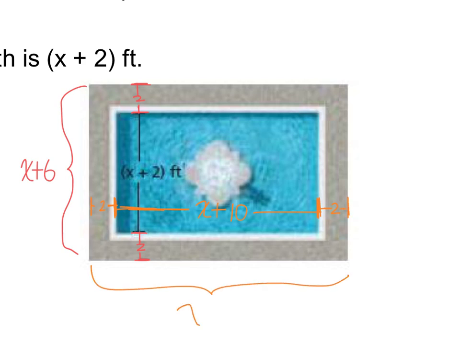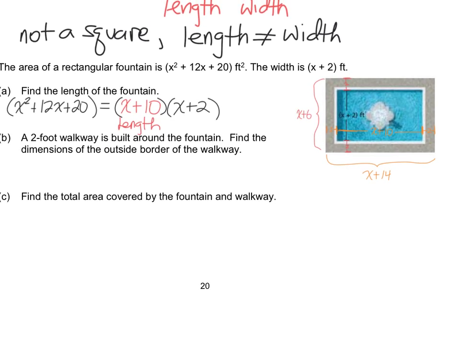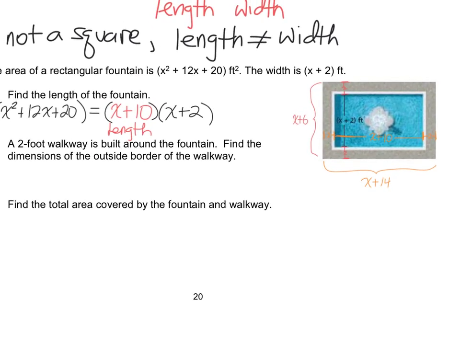So x plus 10 becomes x plus 14. All right, so dimensions, the length used to be x plus 10, so now it's x plus 14 feet by x plus 6 feet.